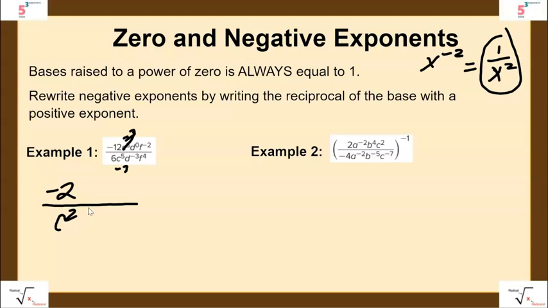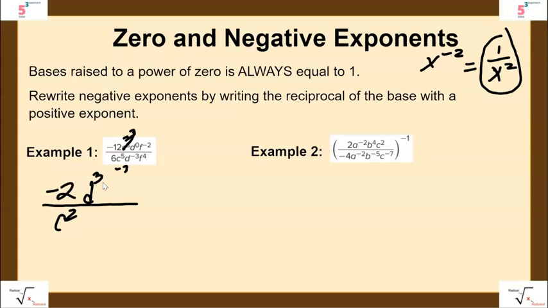For d, I have 0 minus a negative 3, which means I have a positive 3. So that's going to be d cubed in the numerator. And now I have f to the negative second divided by f to the fourth.